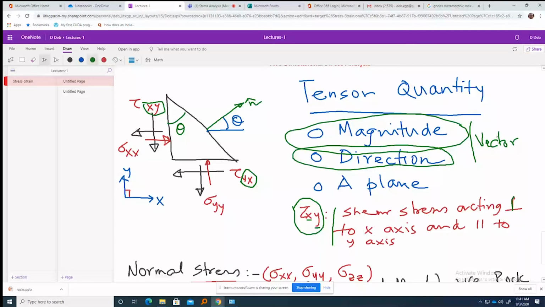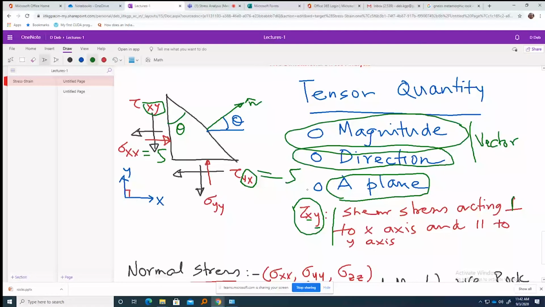Now, what is a tensor? There is an associated plane. The plane is associated with this. That means just saying this is not enough; I have to tell which plane it is associated with. Let me give you an example. Let's say I say the sigma x-axis value is 5, and the value of this is also 5. Now, how do you distinguish? Both of them have the same direction, the x direction. Both of them have the same value, let's say 5.